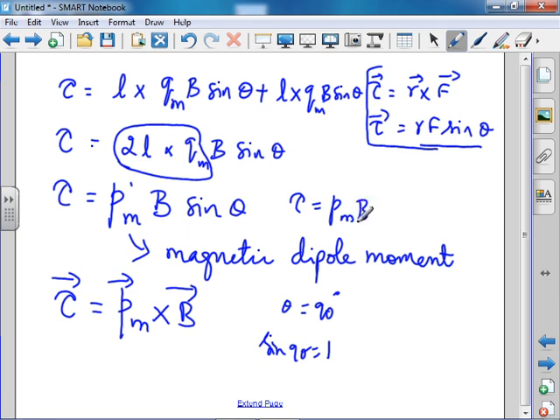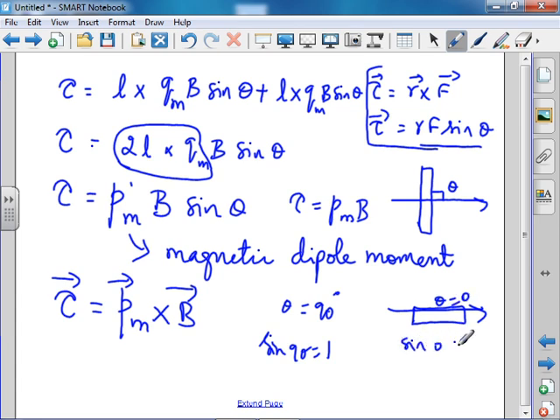When the dipole is aligned perpendicular to the field, the torque value is maximum. If the magnet is aligned parallel to the field, theta is equal to 0, sin 0 is 0, and the torque value is also equal to 0.